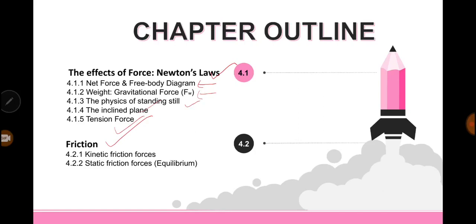In the subtopic of friction, you will be learning about kinetic friction force and static friction force, and how to calculate between kinetic and static friction force.